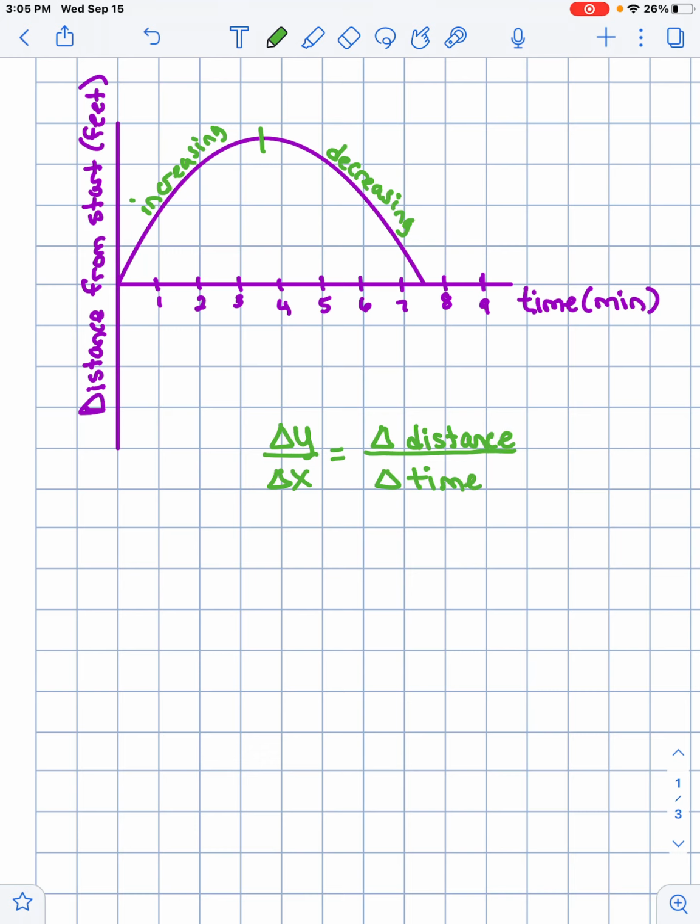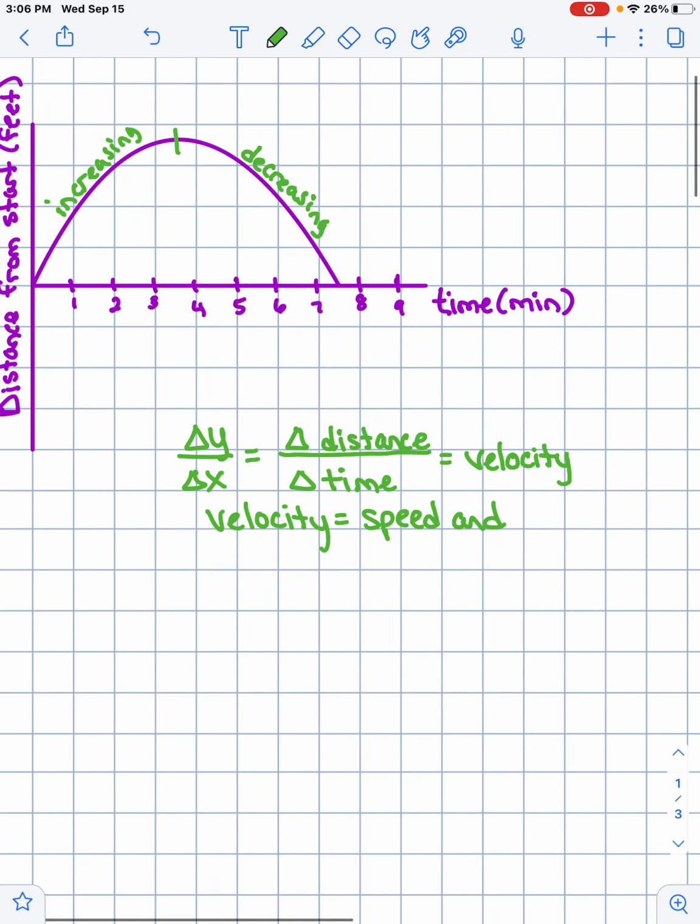So if I look at how much an object's distance is changing, like its position, how much that position is changing over time, that gives me the velocity. Now, something to know about velocity, you've probably learned this in physics, but if you haven't taken physics yet, velocity is not only how fast something is going, so it's not only the speed of that object, but it's also the direction in which that object is traveling.